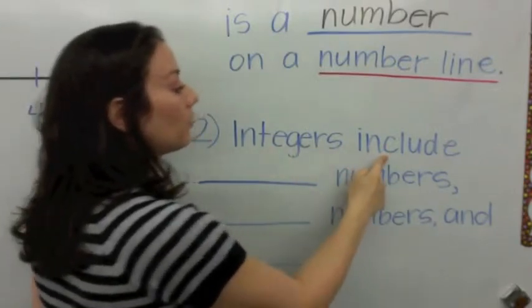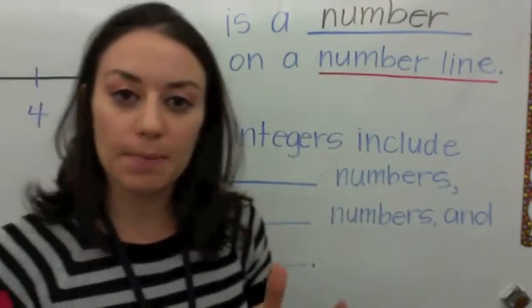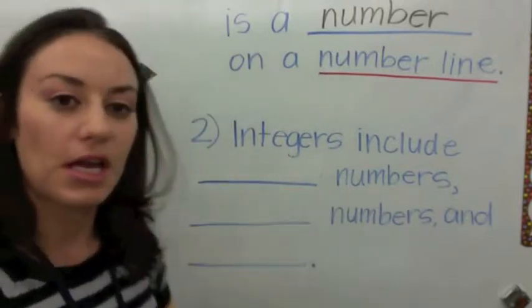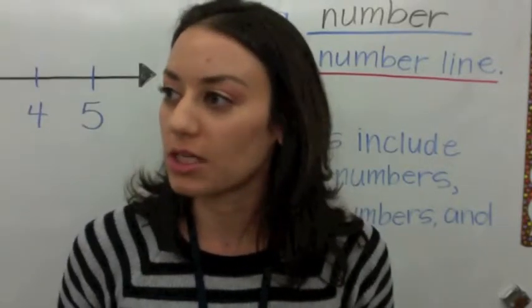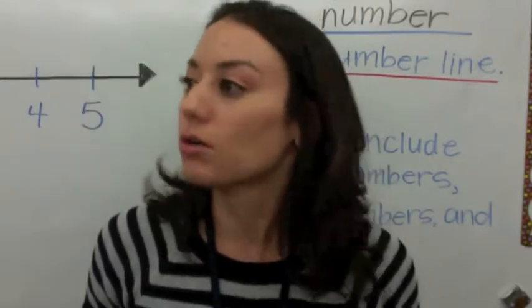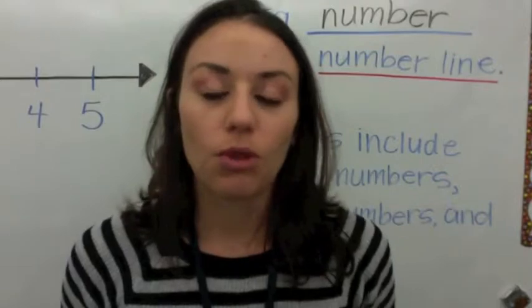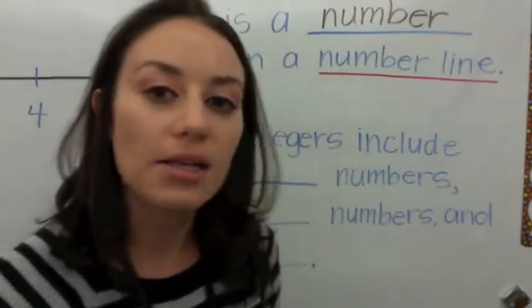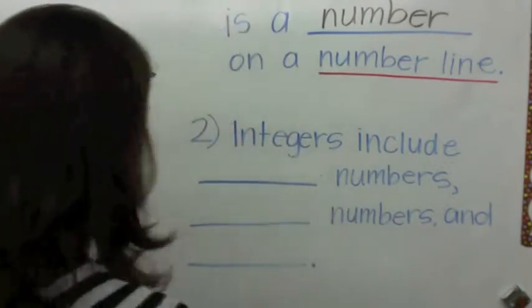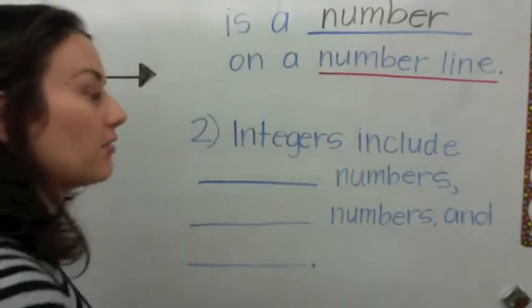Integers include, now we're going to talk about the type of numbers. The first type of number is what you are familiar with, which is a counting number. If I ask you to count, you'll say 1, 2, 3, 4. Those are actually called positive numbers. I'm going to write it in blue because everything that is positive is going to be blue.